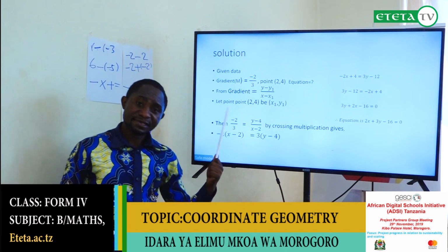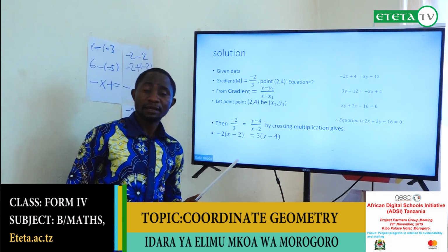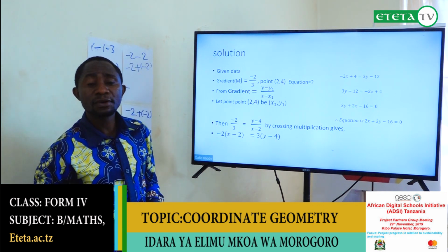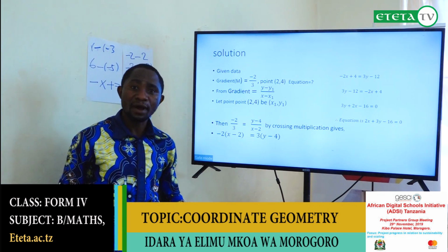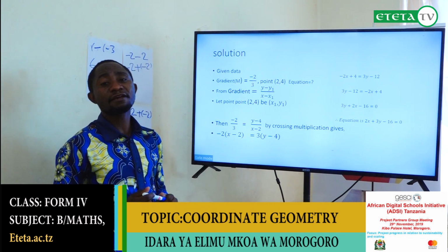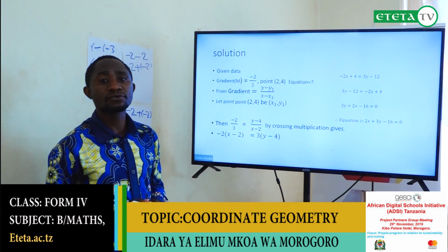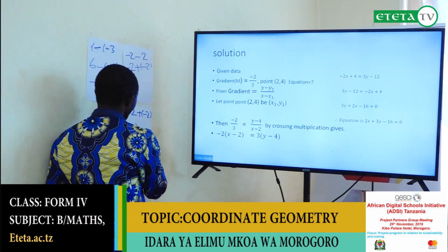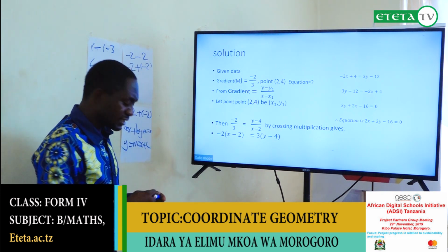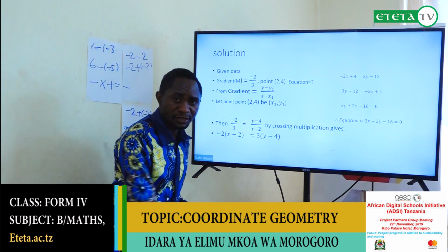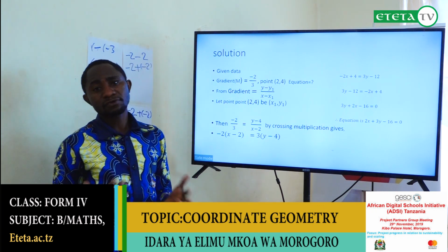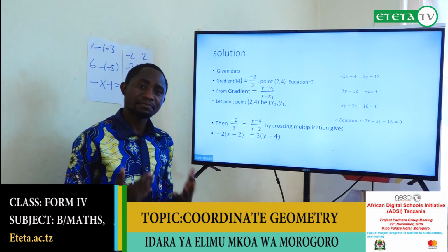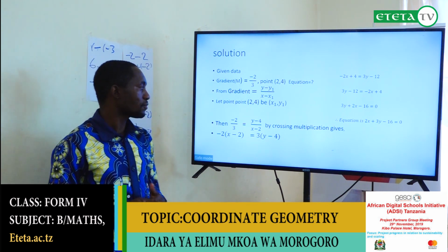In the former example, the first example, the equation of a straight line we got was y equals x plus 1. That is in the form y equals mx plus c. So the equation of a straight line can be expressed in two forms: y equals mx plus c, or ax plus by plus c equals 0.